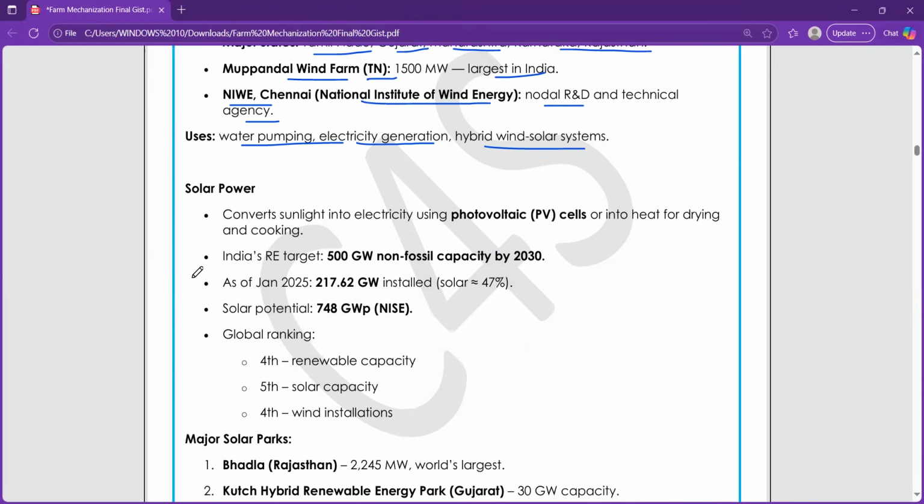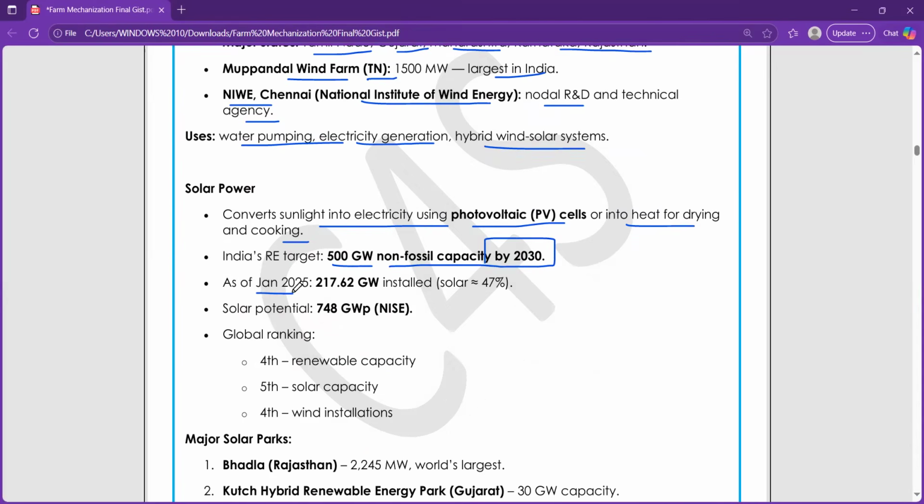Okay, next we have solar power, which converts sunlight into electricity using photovoltaic cells or into heat for drying and cooking. India's renewable energy target is 500 gigawatts of non-fossil capacity by the year 2030. Again, very important.